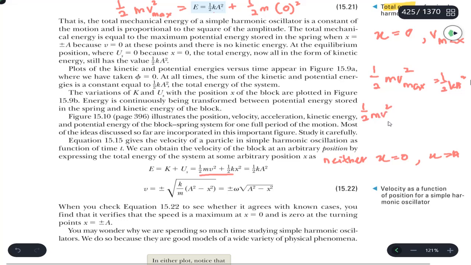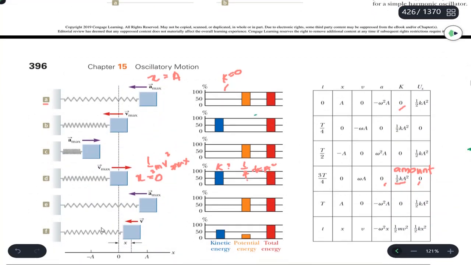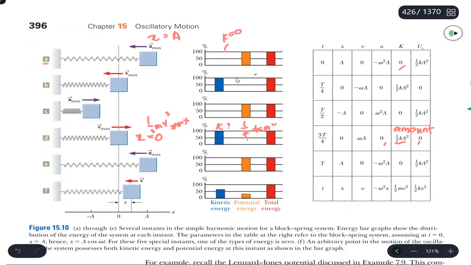I'm putting it without any subscript to portray that the v that you are going to substitute here is less than v maximum, and hence there is a sum in the form of potential energy, which this should as well be equivalent to half kA squared or half mv maximum squared. So that's how you do the variation of the expression.